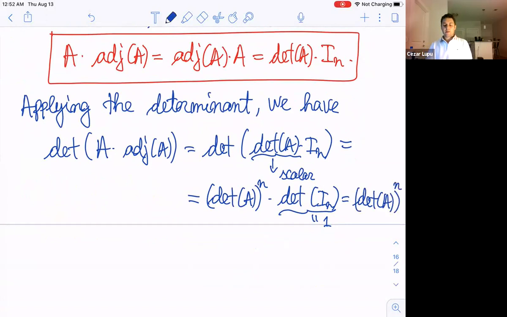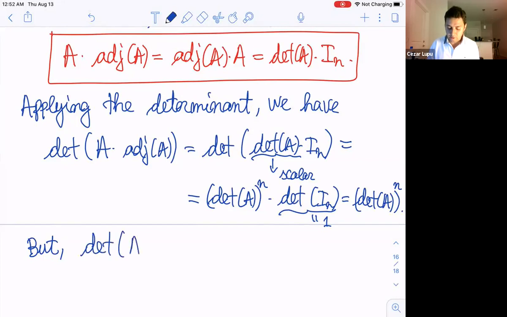Great. So on one hand, we know that the determinant of A times the adjugate of A is the determinant of A to the power n. But on the other hand, we know that the determinant is multiplicative.